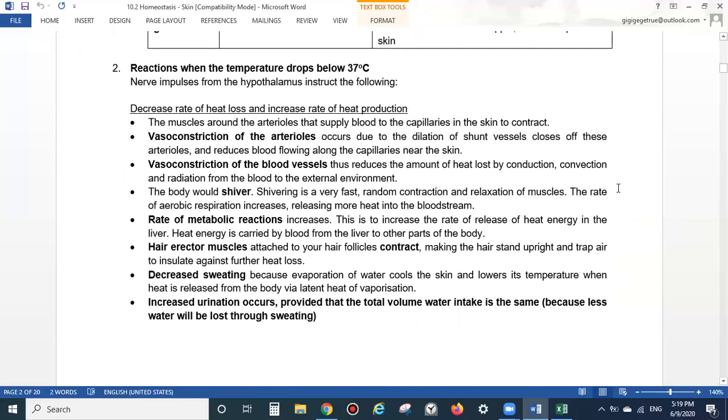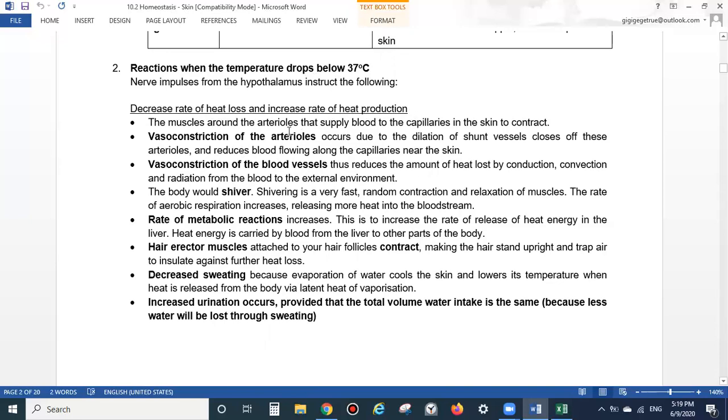Okay, so what happens when the temperature drops below 37? These are the things that will happen. When you are very cold, or basically the temperature drops below normal, you will have a decreased rate of heat loss and increased rate of heat production.